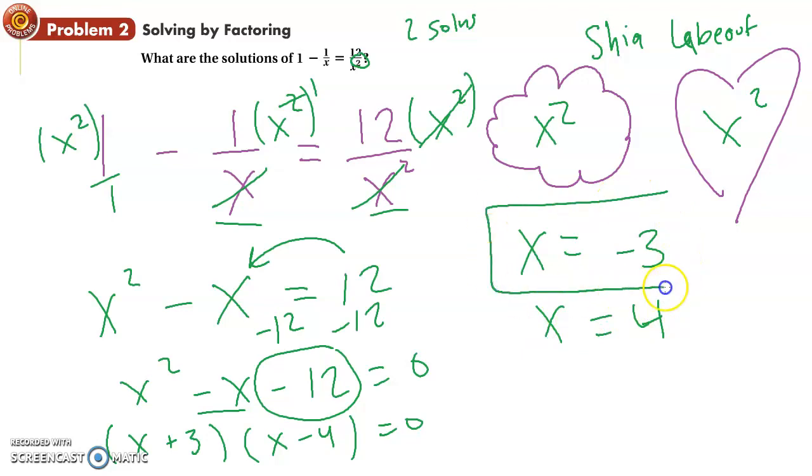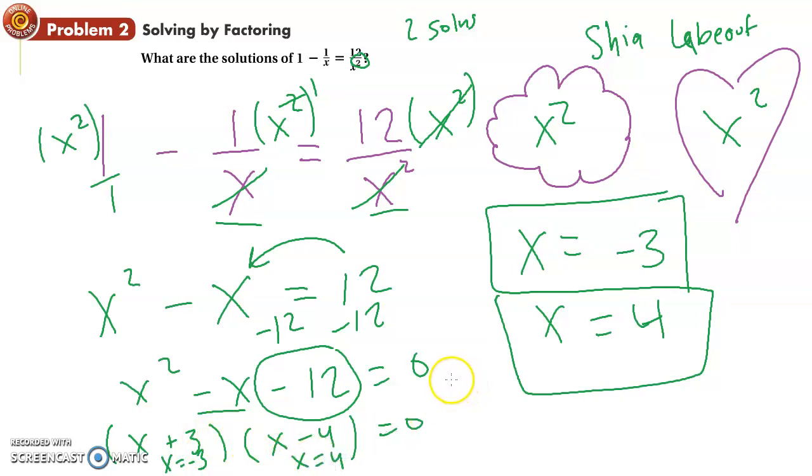Now why did the signs change? Well, because remember the zero product property says that anything times 0 equals 0. And if I say that -3 plus 3 is 0, so if x is equal to -3, then this whole thing equals 0. You just do the opposite signs.